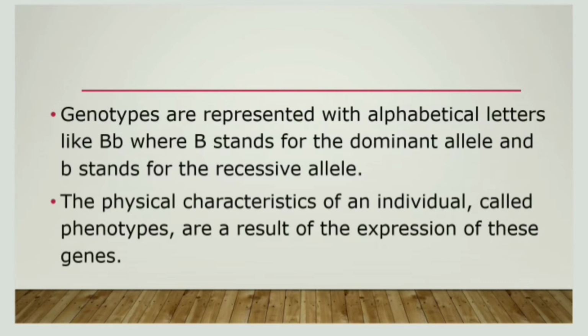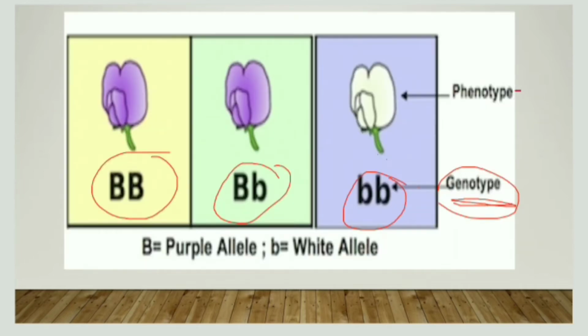Here, the capital B refers to the dominant allele and the small b refers to the recessive allele. In this diagram, the capital B and the capital B give rise to the purple color, whereas the capital B and the small b also give rise to purple color. Whereas, in the case of small b and small b, it gives rise to a white color.